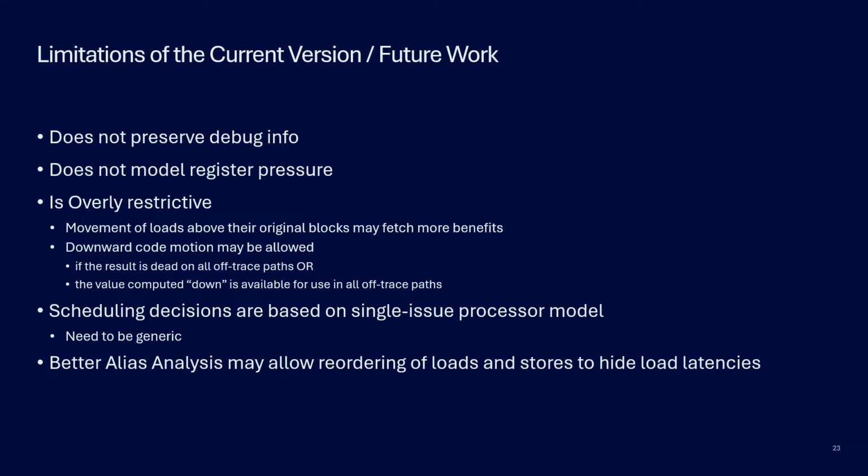The computation that we moved down, if it is not used in the off-trace path, it's okay to move it, because the off-trace path never uses that, so it doesn't have to compute it. And also our scheduling decisions were based on a single issue processor model, because the target processor was a single issue processor.